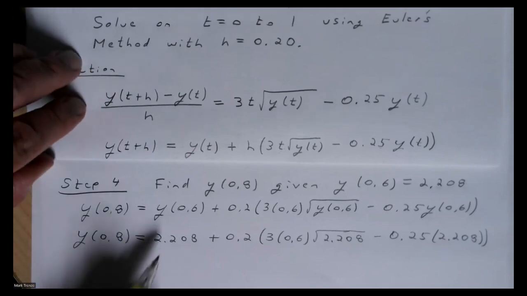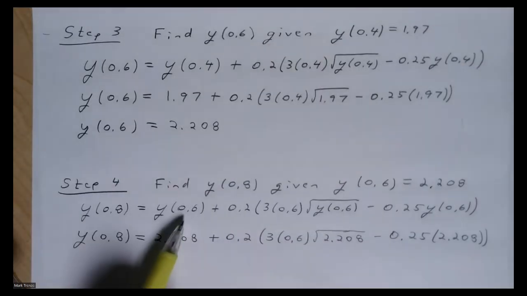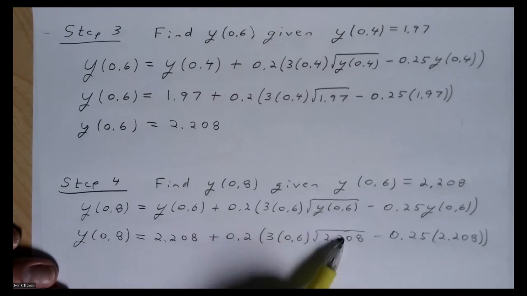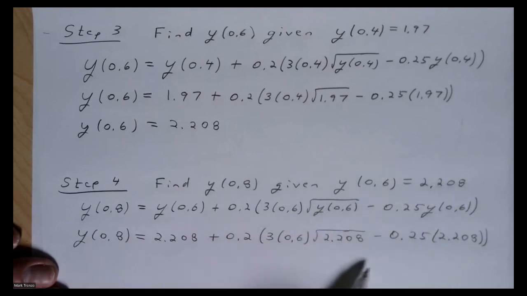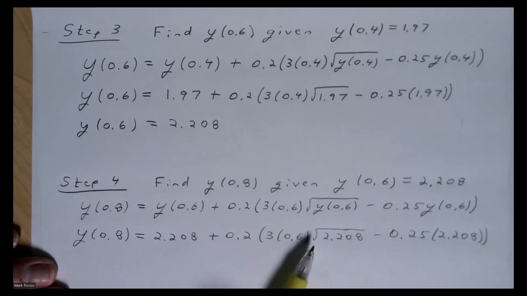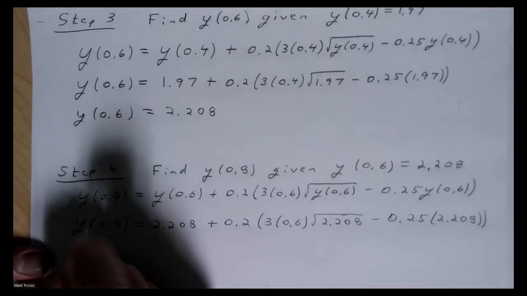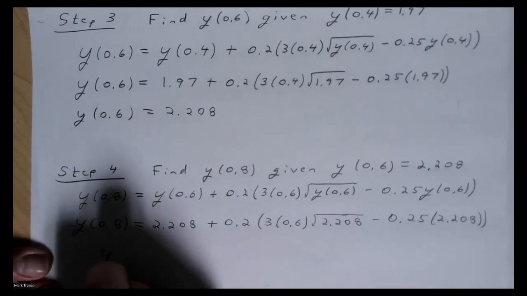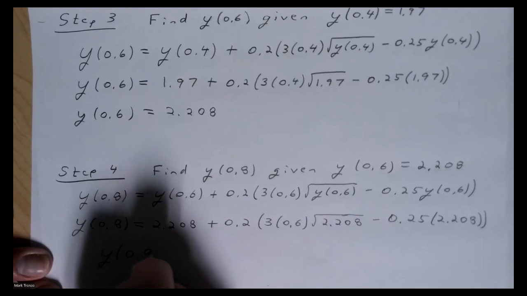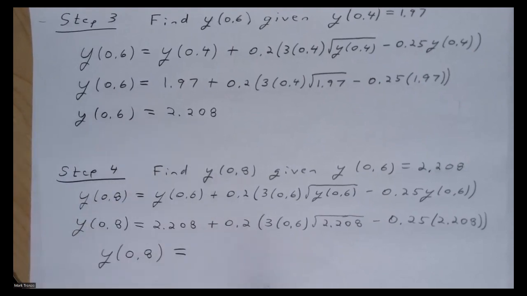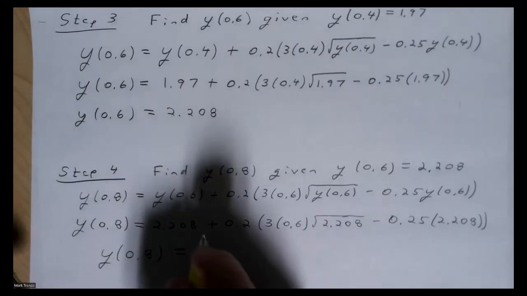So again, substitute all your values, y at 0.6 and t of 0.6. When you put all this in your calculator, you get y of 0.8 of 2.6. I guess we round it to 2.633.